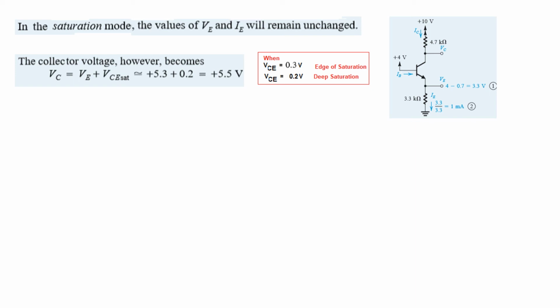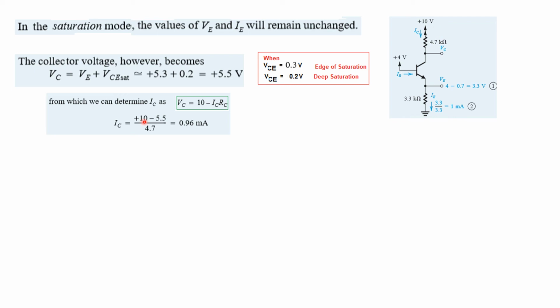And we have also learned from here that VCE is 0.2 volt in the deep saturation mode, so we'll take 0.2. And so our VC is actually 5.5 volt and not as we calculated earlier, it was 2 point something.